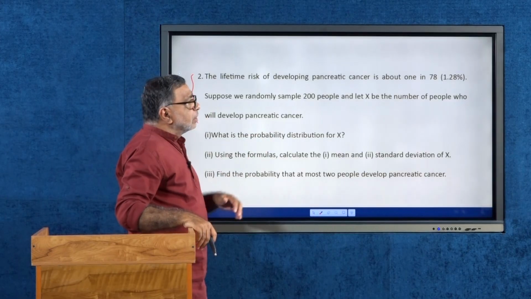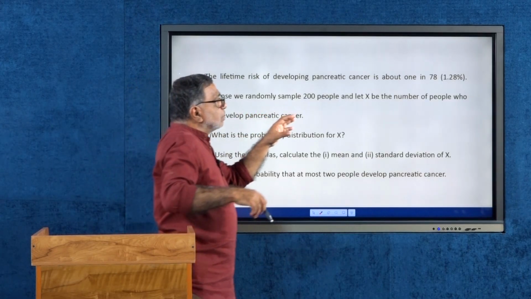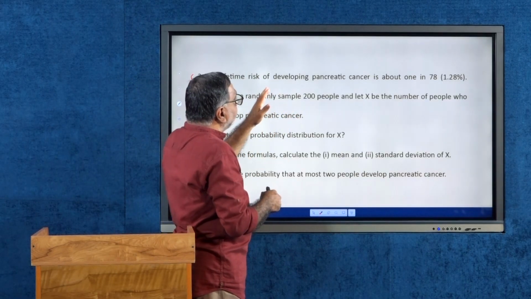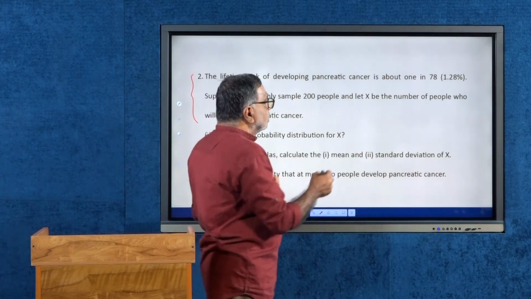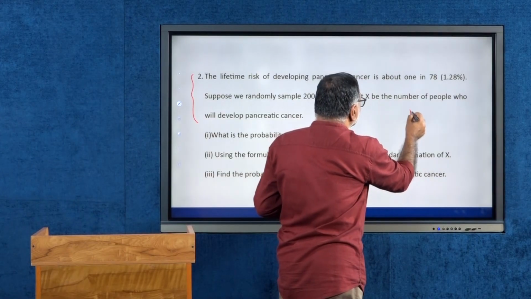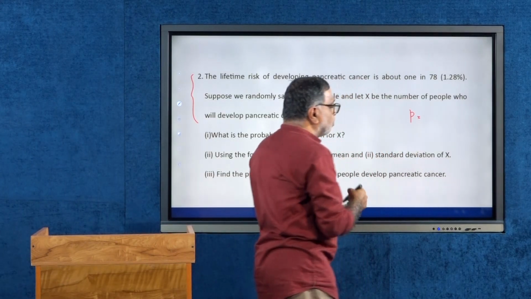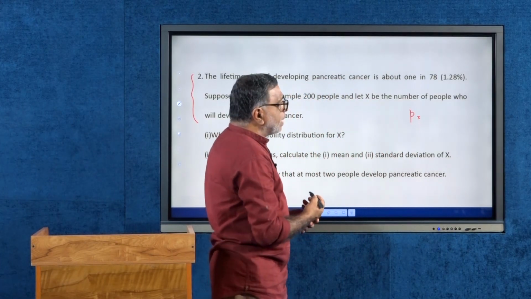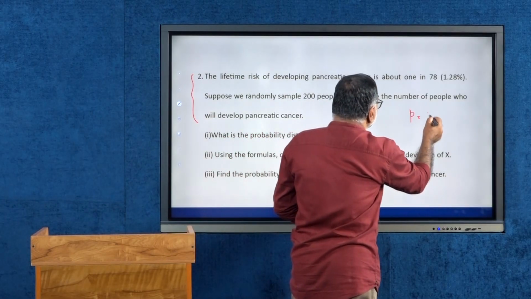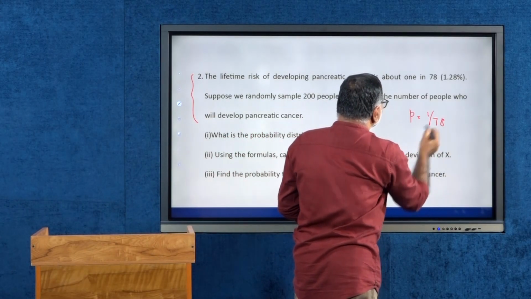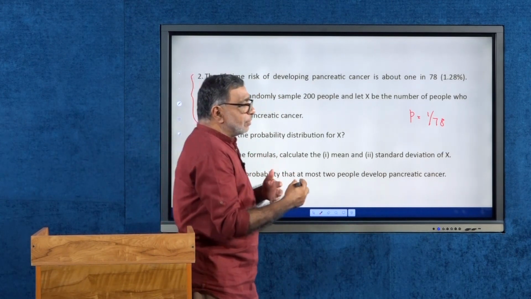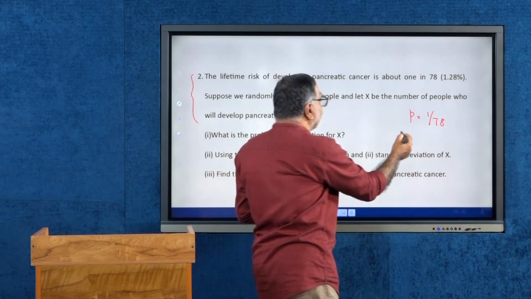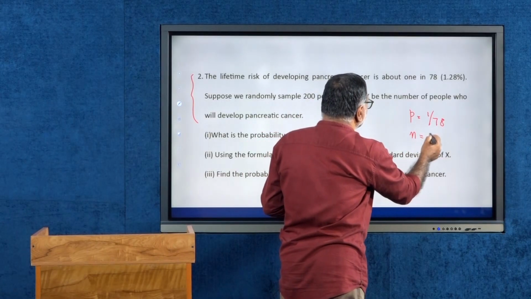So p is given to you. Suppose p is the probability of developing pancreatic cancer, and that is given as 1 out of 78. And we are selecting people from a sample of 200, that is n equal to 200.